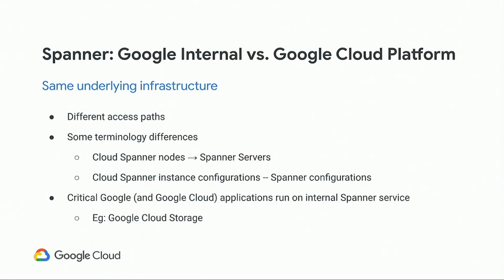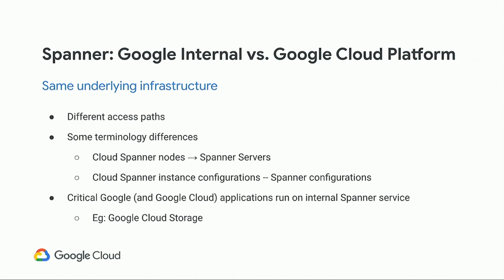So, we talk about internal Spanner and external Spanner, but what are the real differences here? So Spanner, internally or externally, is actually the same infrastructure, right? It's the same binary running, whether it's serving external stuff or internal stuff. The only difference is the access path. So externally, when you're talking to Cloud Spanner, the access path is through the Google Cloud Platform APIs and through all the security and all those kinds of things.